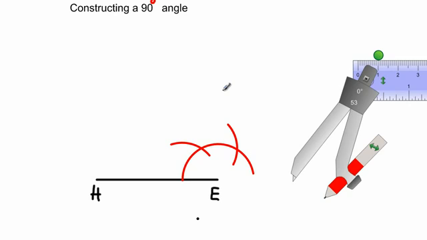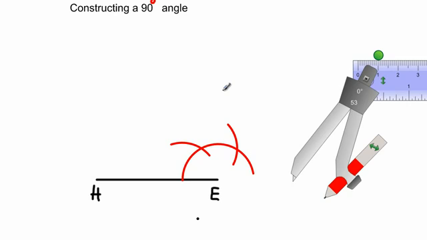By putting the point of the compass here and swinging an arc, this angle from the first arc to the line segment HE is a 60-degree angle, and another 60 is formed between these two arcs. So 60 plus 60 would give us a 120.